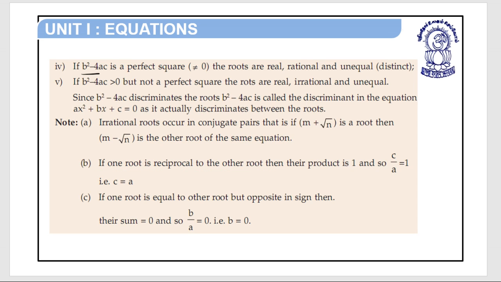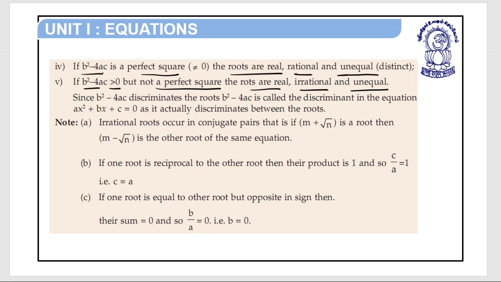If b square minus 4ac is a perfect square, the roots are real, rational and unequal. If b square minus 4ac is greater than 0 but not a perfect square, the roots are real, irrational and unequal.